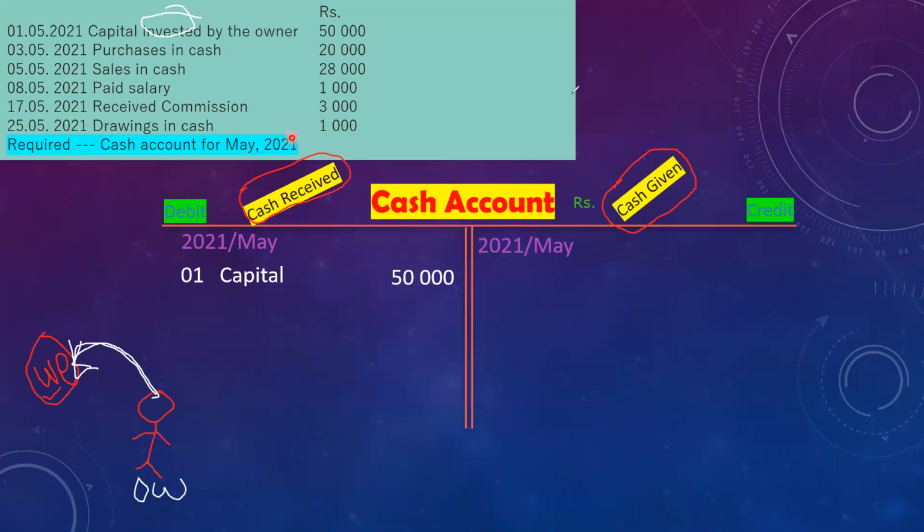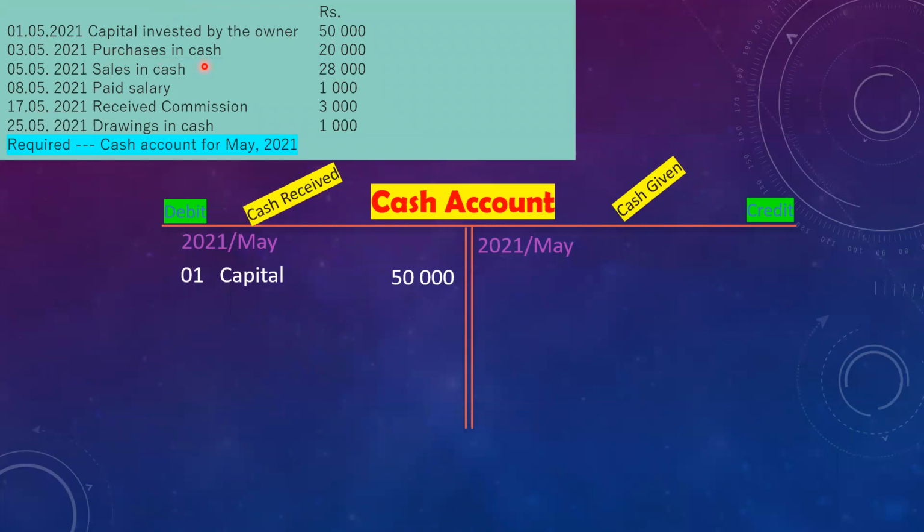Number 2. 3rd of May, purchase in cash. We know purchase means bought goods. So we bought goods in cash. When we buy goods in cash, do we receive money or pay money?